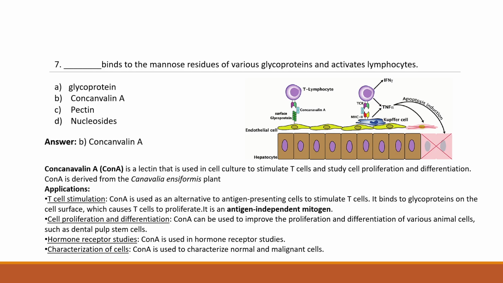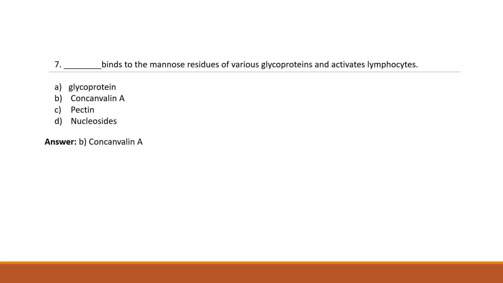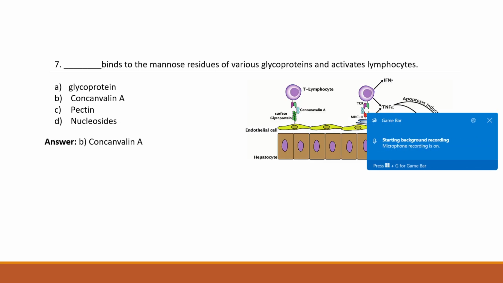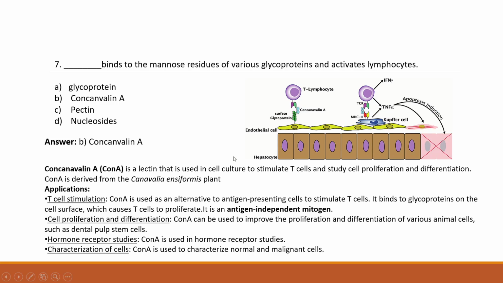Oh, lectin is a carbohydrate. I'm so sorry. So you can check if lectin is a protein or carbohydrate. I'm not really sure. So this can be your extra question.